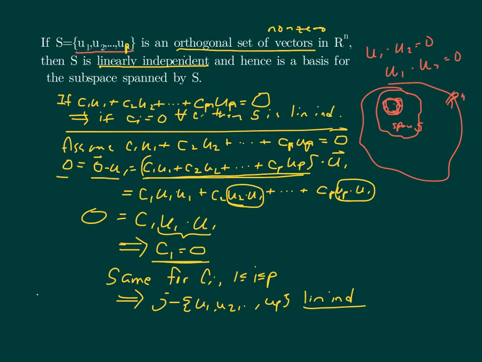We already had that the set of vectors spans its subspace. So then what that gives us is that S is a basis, since it's linearly independent and it spans its subspace.